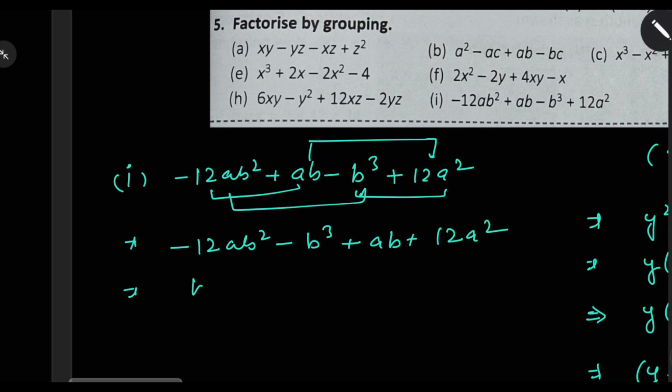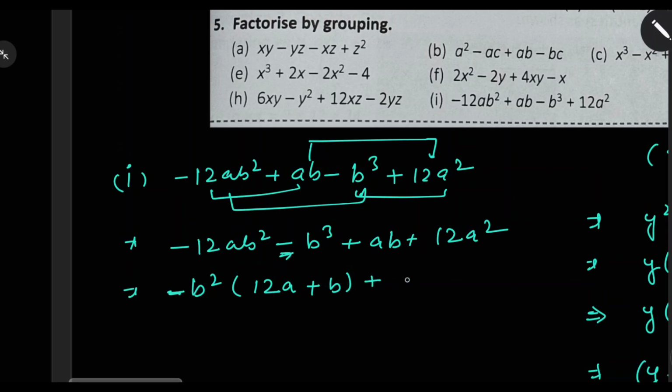Now taking the common b square in between them, and minus is also common between them. So we will take minus as a common from here. So we will have 12a minus b. As you can see, we have taken a minus common here, so we will make it plus, because minus plus becomes minus again here.